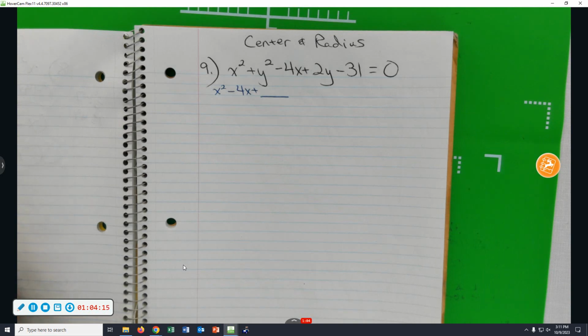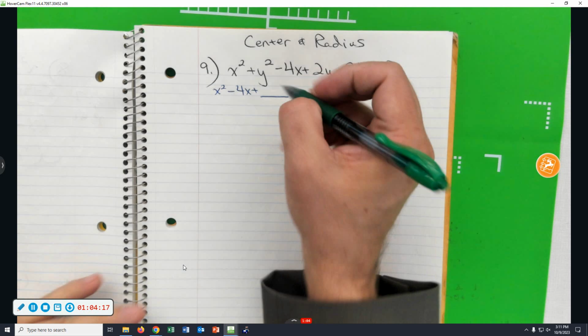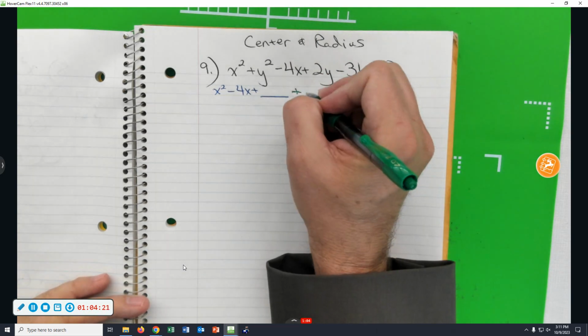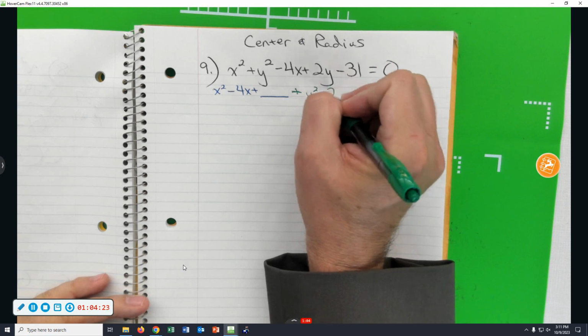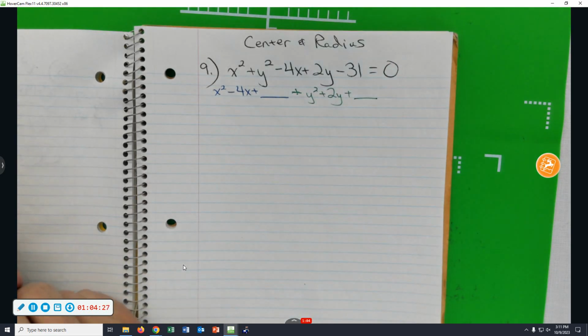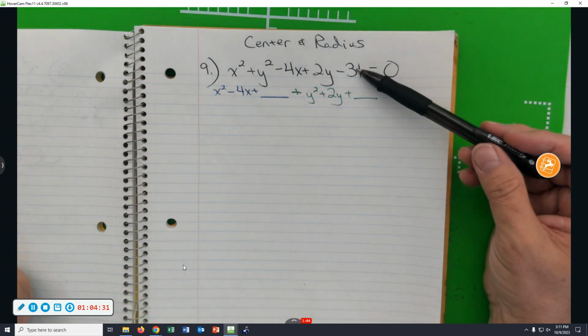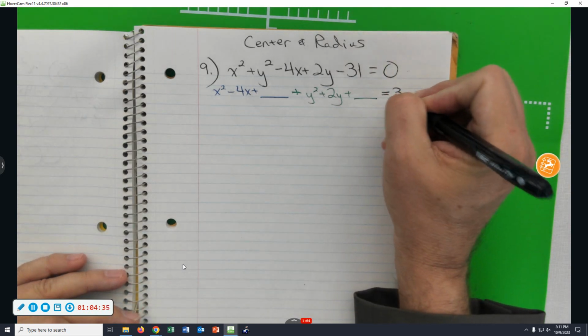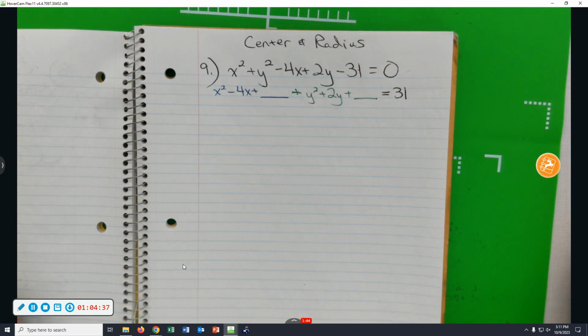We'll get our y terms together. That's a y squared plus 2y plus, skip some space. Let's move the constant term over to the right to give us equals a positive 31.